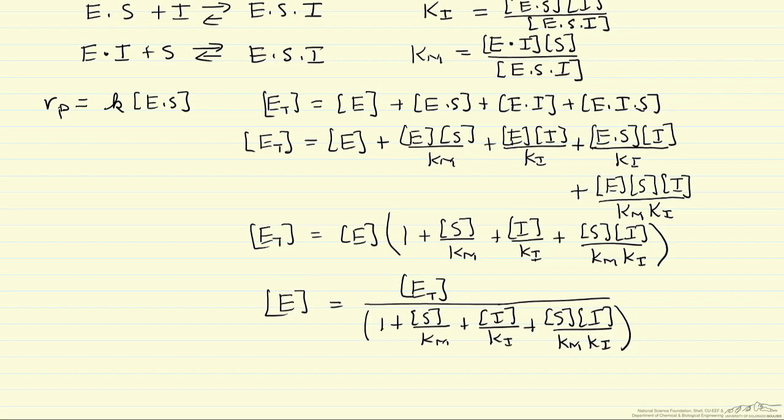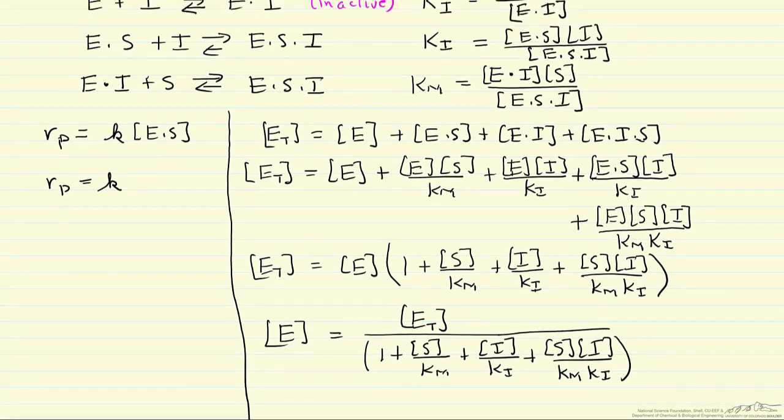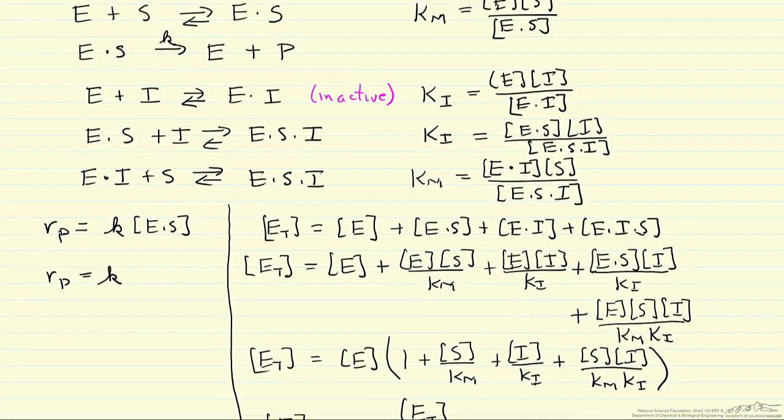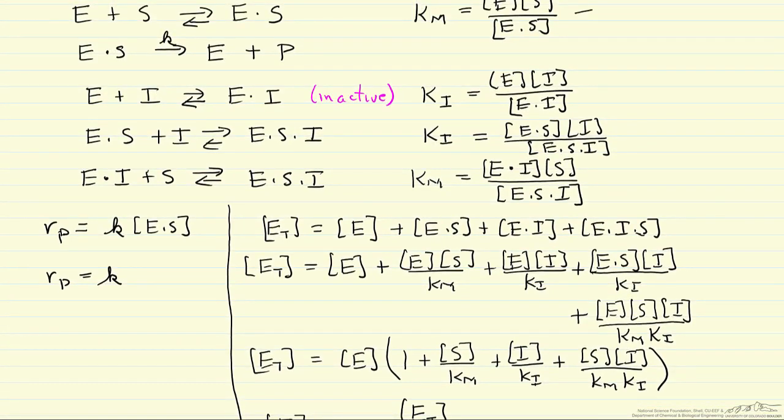I'm going to go back over here and let's divide so we don't overlap the equations. The rate that I'm making product, the rate constant for that rate determining step, and the concentration of the enzyme substrate complex I can get from here.